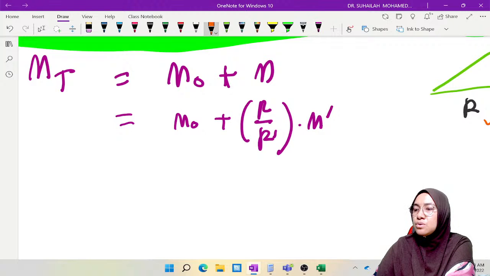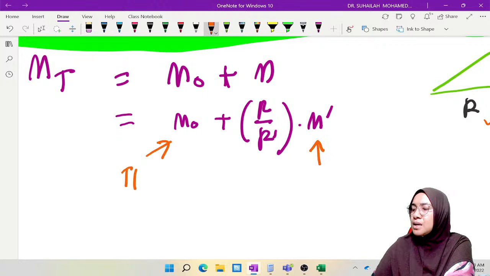This part comes from table number 1, this from table number 2, and R divided by R prime is called the correction factor.